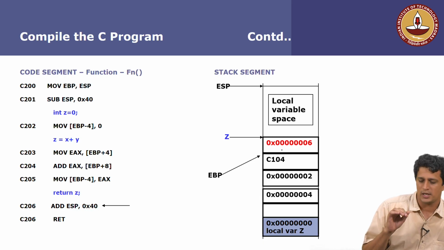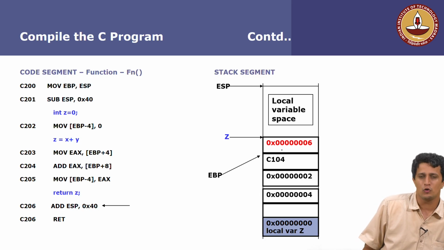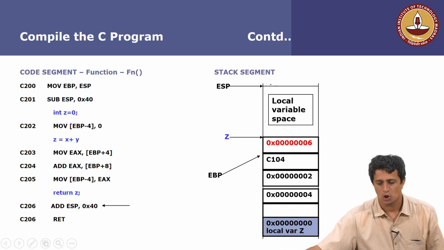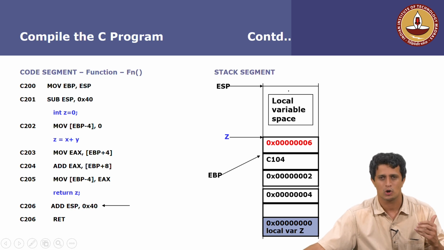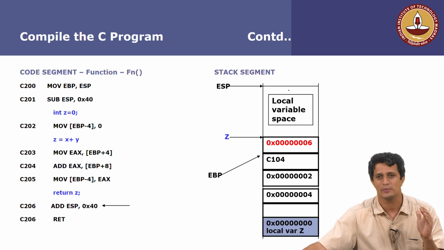Earlier the return z simply did only one thing for us, it called the RET instruction. Unfortunately, if you now do the RET as is, the top of the stack is now pointing to some random location because we did local variable space allocation using the sub ESP comma 0x40.